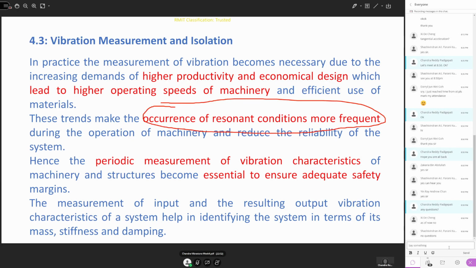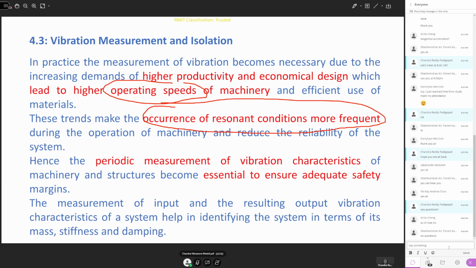There is a controversy, because when we talk about productivity and economical design, the system should operate at high speeds, and you want efficient use of materials. So sometimes when you are using high speed, the resonant conditions become unavoidable.